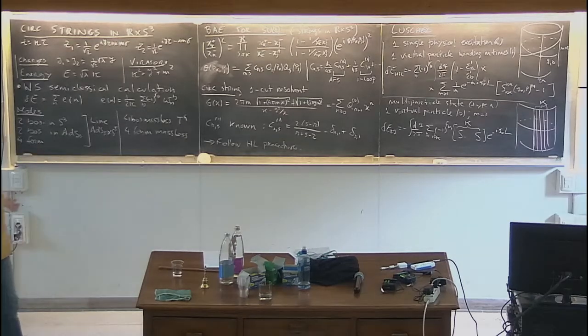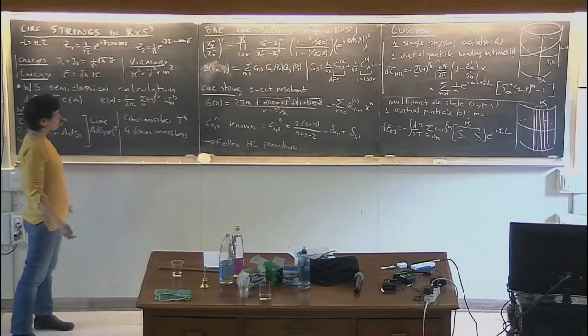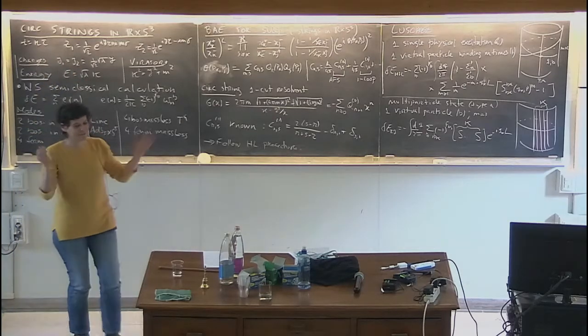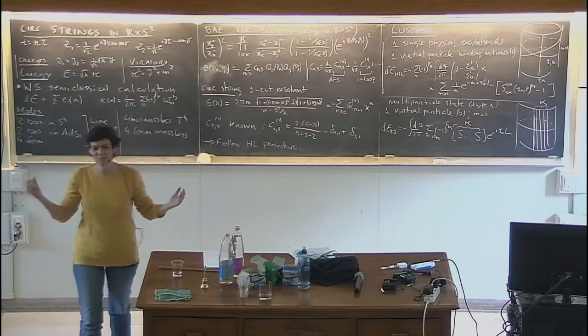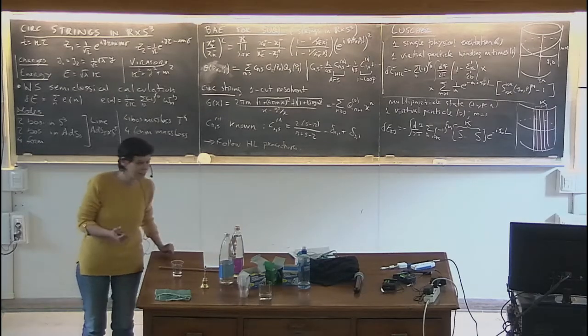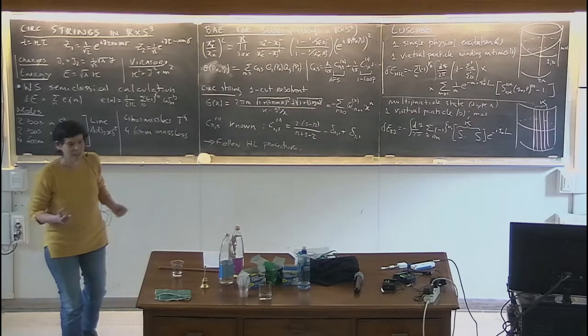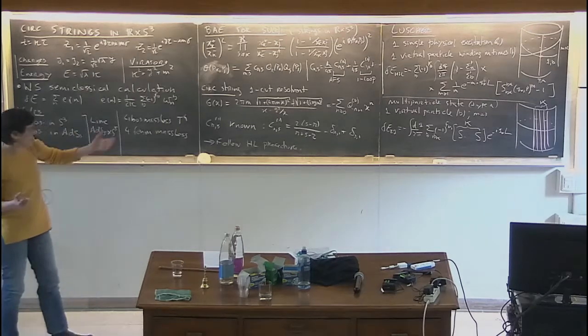In particular, we were very much interested in circular strings, because they live in the sector of R cross S3. It's very well known what the semi-classical behavior is. It was calculated for this background.